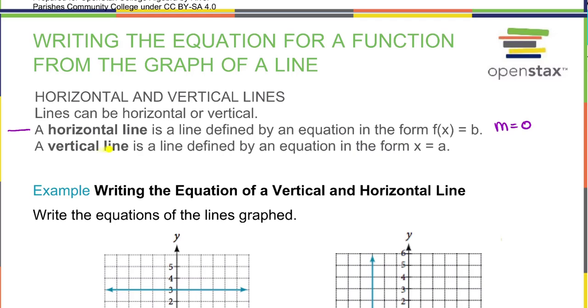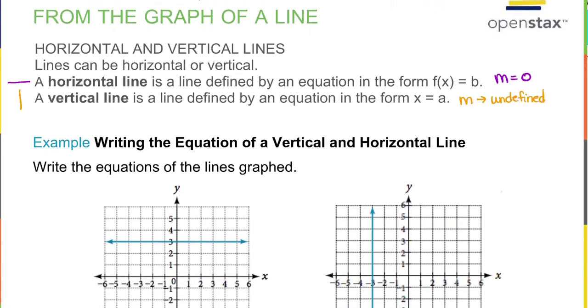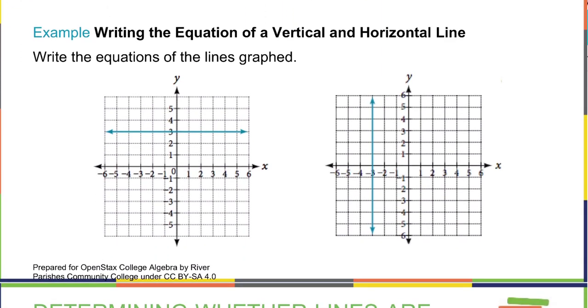Then a vertical line looks like this, straight up and down, and is defined by the equation x equals a. So notice there's no y, there's no f of x, it's just x. X equals a. In this case, just so you know, slope is undefined for vertical lines. So example, write the equations of the graphed lines.